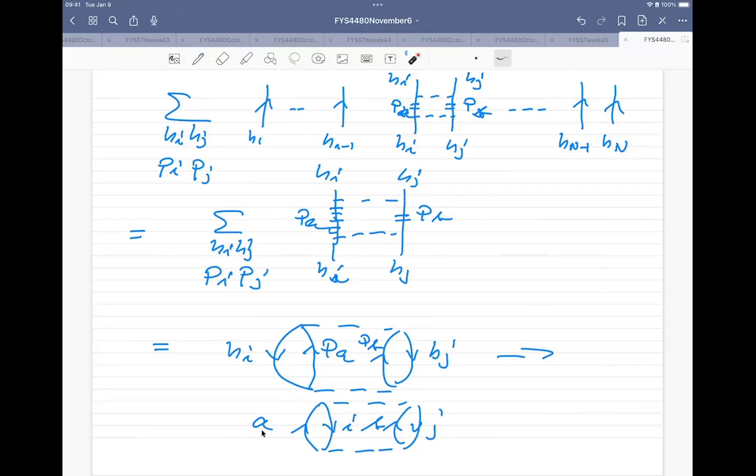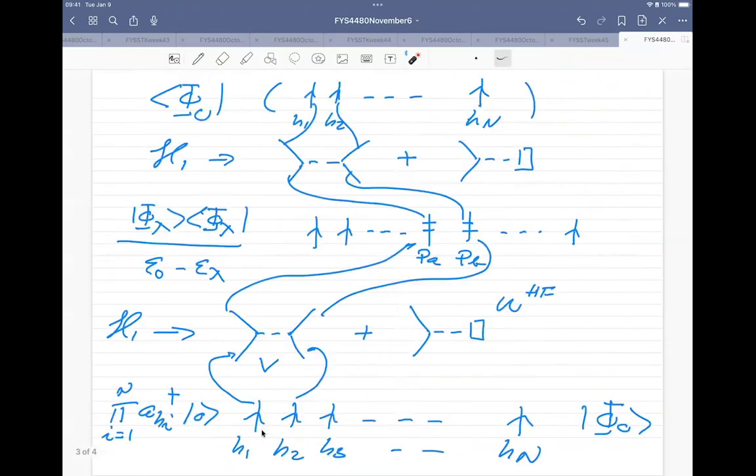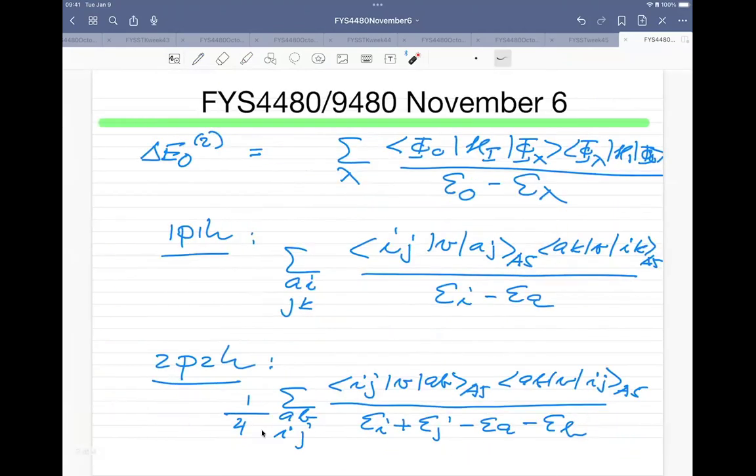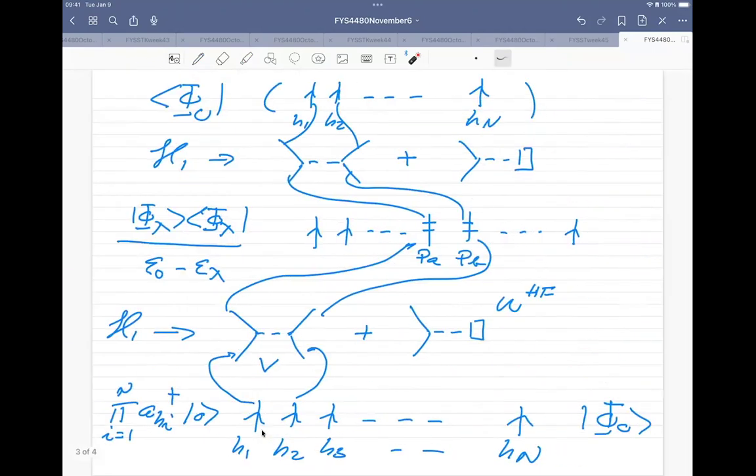And if you go to third order, there will be new two-particle two-hole excitations, which actually will then correspond to four-particle four-hole excitations, etc., etc. So you see now that the way we can express something like this term here, which represents a two-particle two-hole excitation and then de-excitation, you can think of this as a set of physical processes.